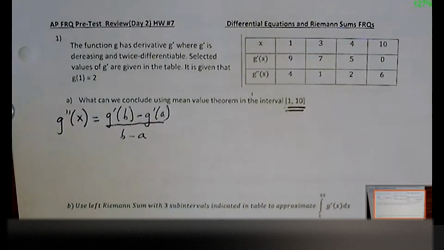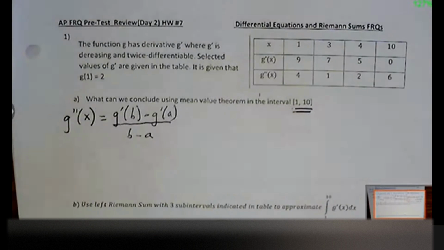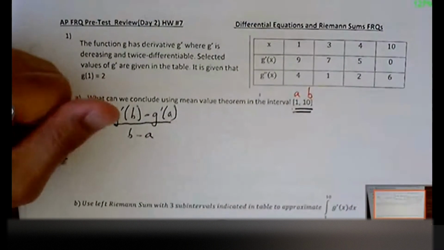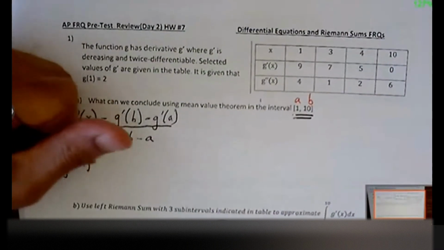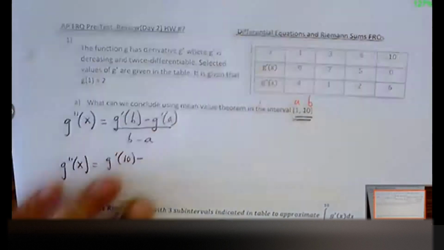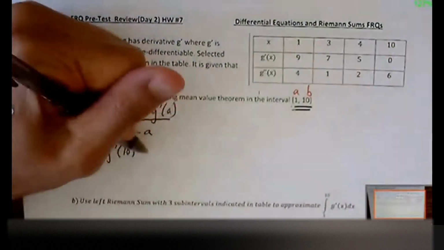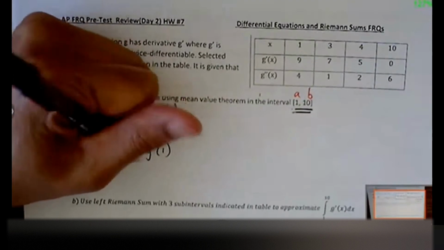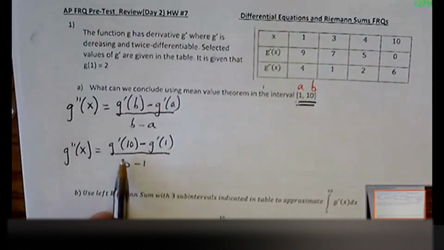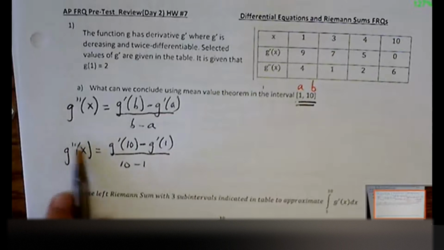So A and B are 1 and 10. So whatever the slope is between the endpoints of my G prime graph, there must be an exact steepness somewhere along the curve as well.